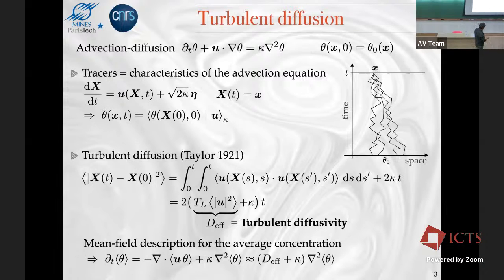But you're doing this backward in time. Basically this means that theta is just conserved along the tracers. So if you want to know the value here, you need to know where the tracer was coming from. Now the effect of diffusion is just to add this.